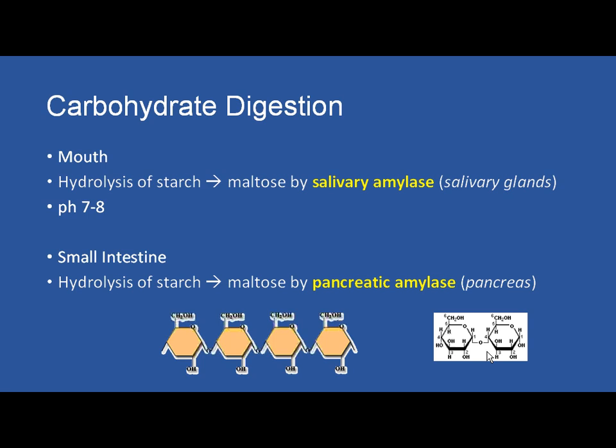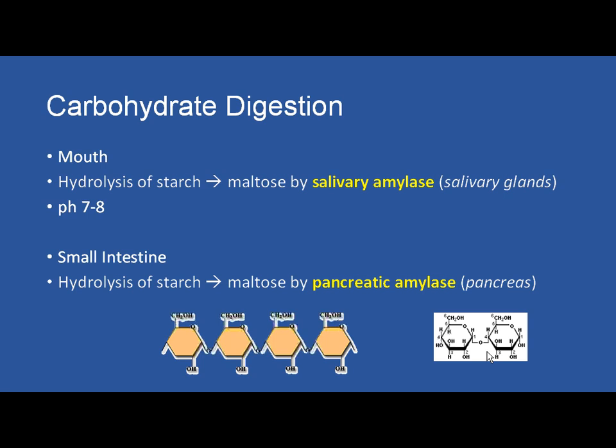The salivary amylase was produced in your salivary glands, and the pancreatic amylase, as you can guess, is produced in your pancreas. And then it travels through a little duct into your small intestine, and it's actually doing the same job as the salivary amylase. So we've got a bit of redundancy here. Just means that we're definitely going to have, either in your mouth or in your small intestine, or very likely in both spots, all of the starch broken down into maltose.